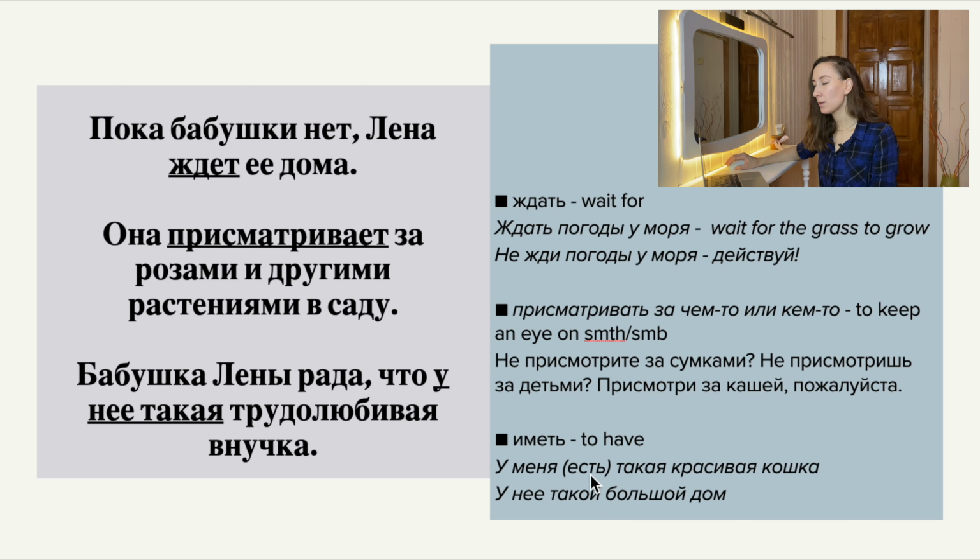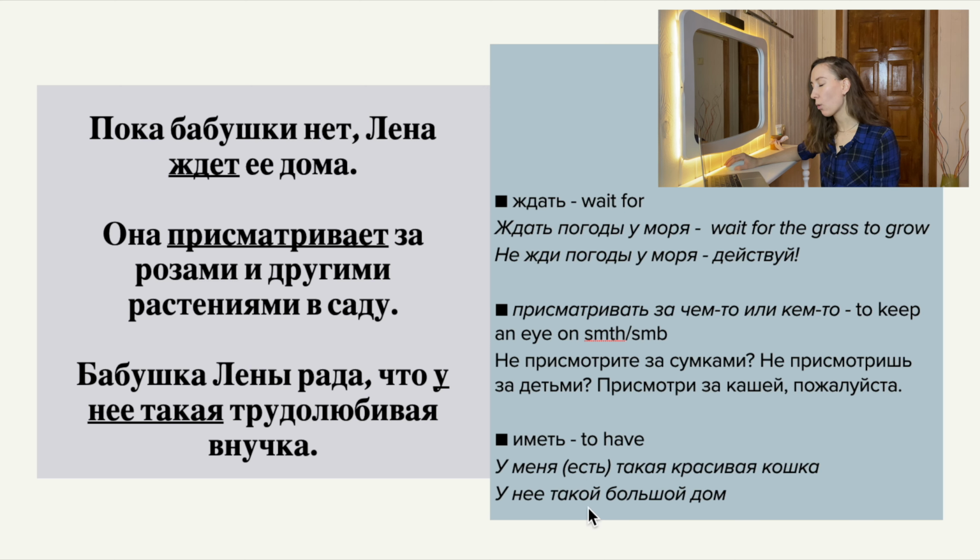Here's the verb есть, and at first we want to translate this verb as the verb to be. Быть, являться, находиться. To be, am, is, are. But it's not the verb to be. This is the verb to have. Иметь, обладать. У меня такая красивая кошка. I have such a beautiful cat.